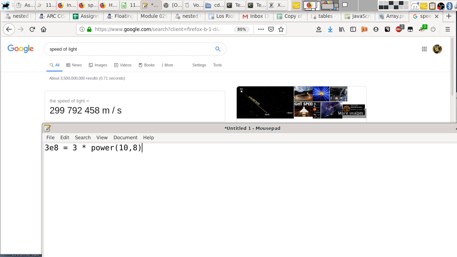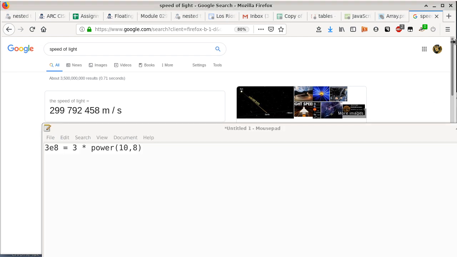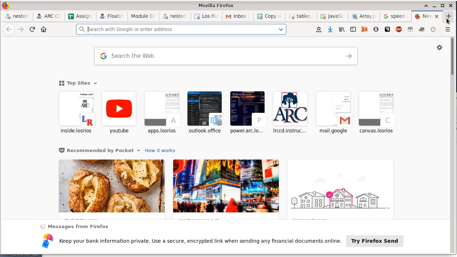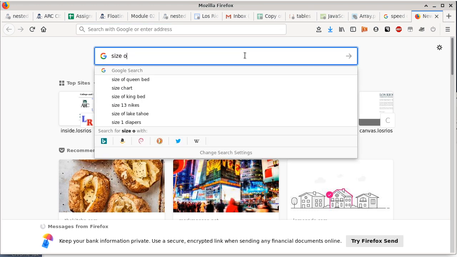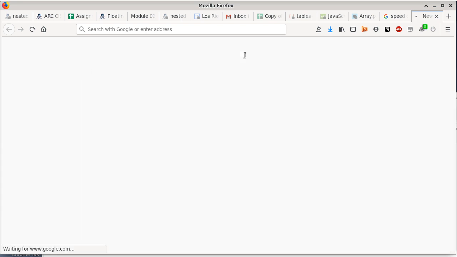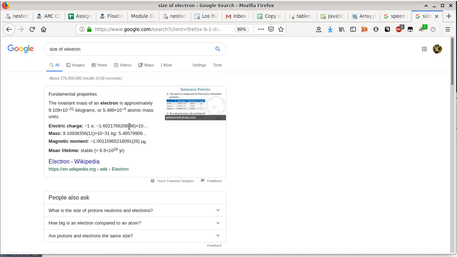Let's look it up and see whether you want to enter that without using scientific notation. So we'll look up size of electron. There we go. So the size of an electron is, where is it? It doesn't have a size, does it?